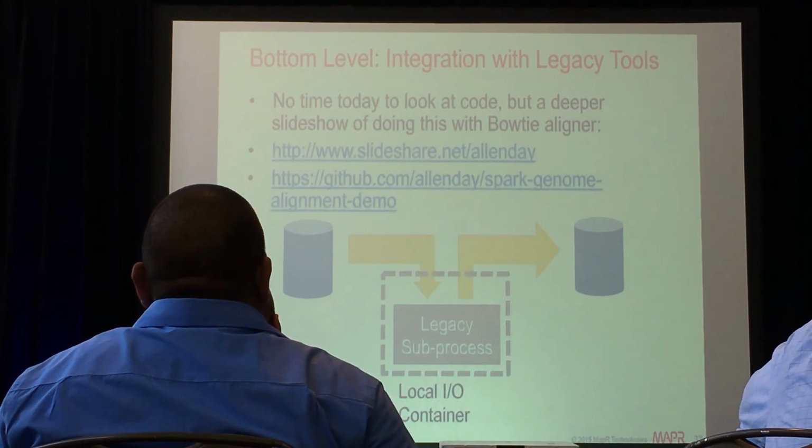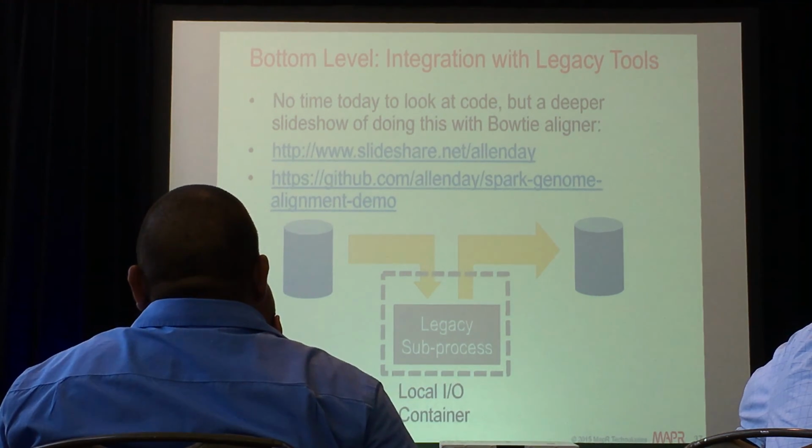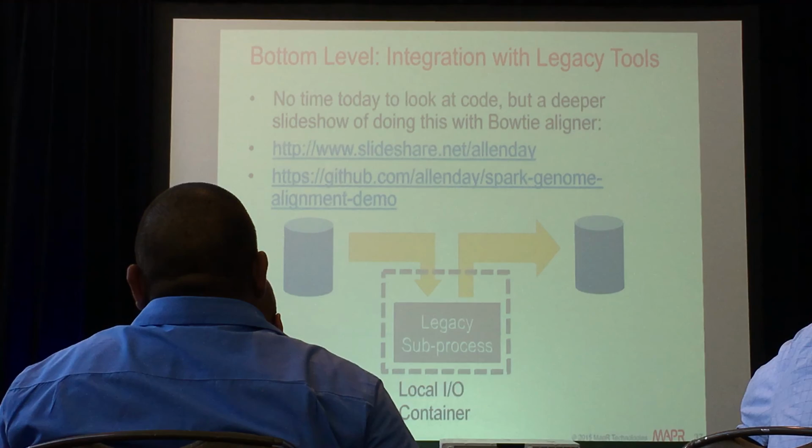Again, I want to keep us on schedule as best I can. I don't have time to get into the code for this today, but there is a slideshow specifically about this. This slide deck, as well as many others on this and similar topics, are at slideshare.net/Alan Day. Particularly, there's a code base that you can grab, and the README is basically copy-paste.